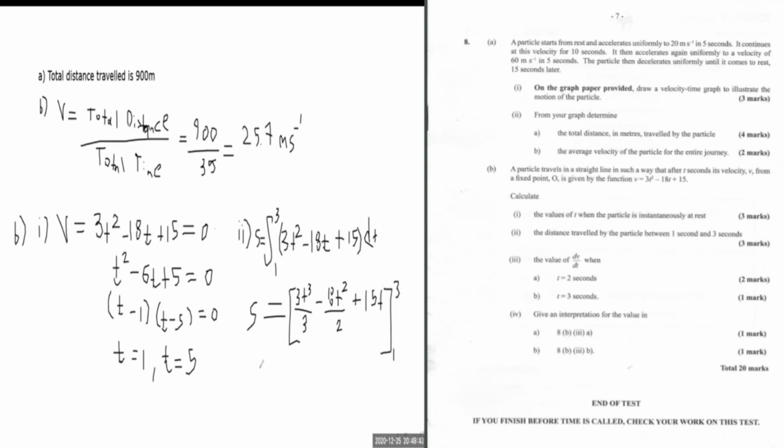So when you plug in 3, 3 cubed is 27, minus, plugging in 3 squared you get 9.